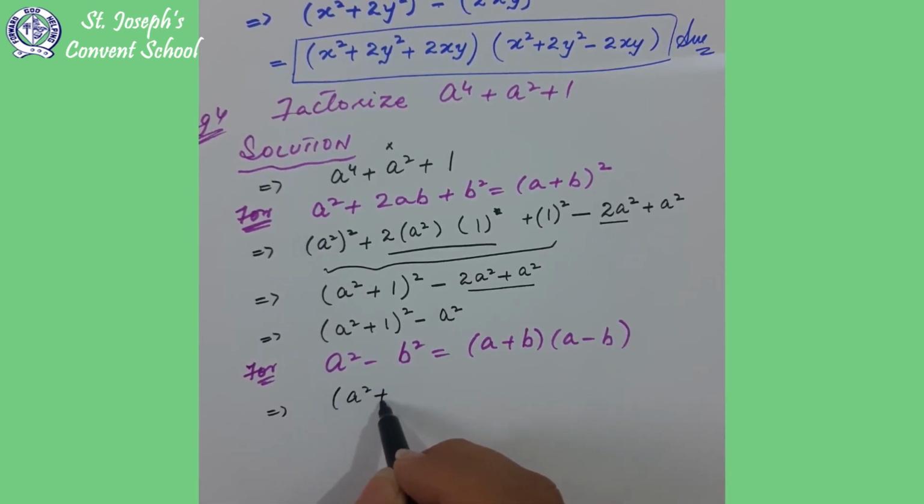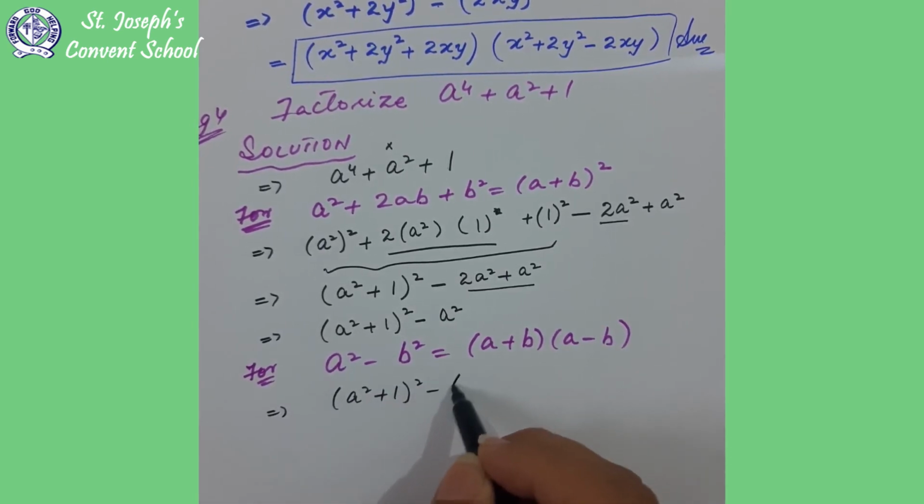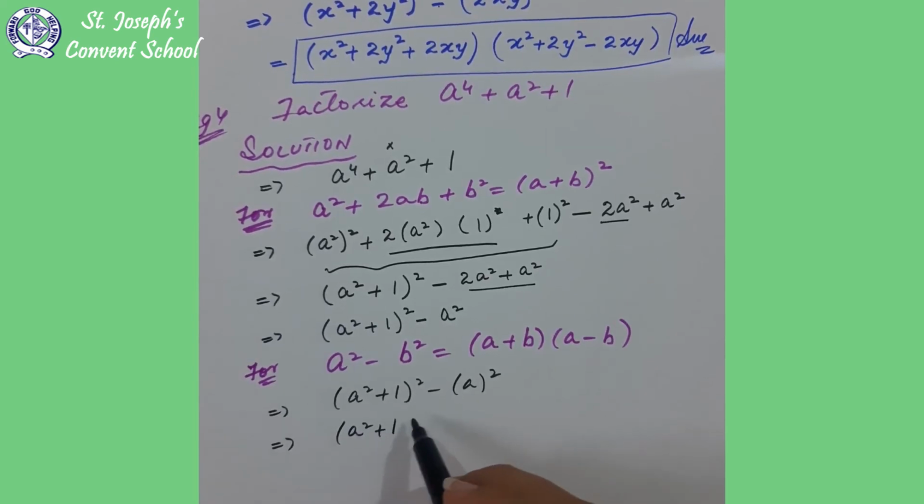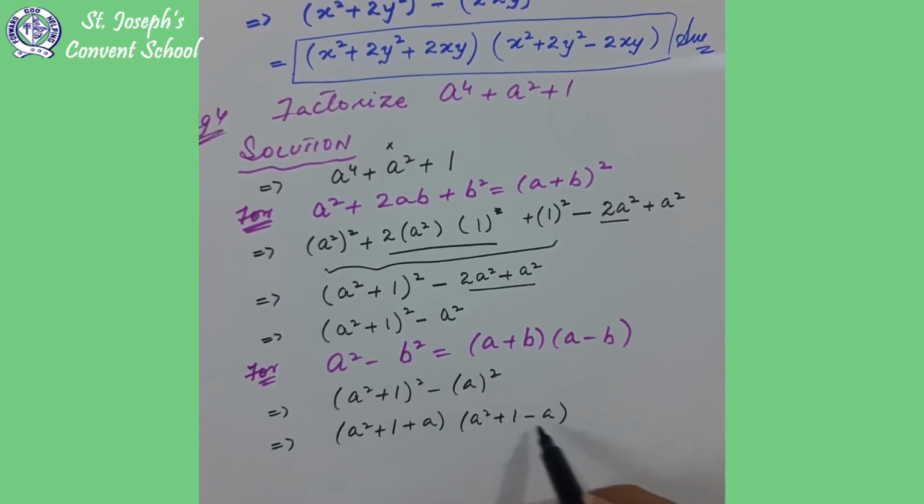A square plus 1 the whole square minus a the whole square. So this is equal to a square plus 1 plus a, this is a plus b, and a minus b. So this is the answer.